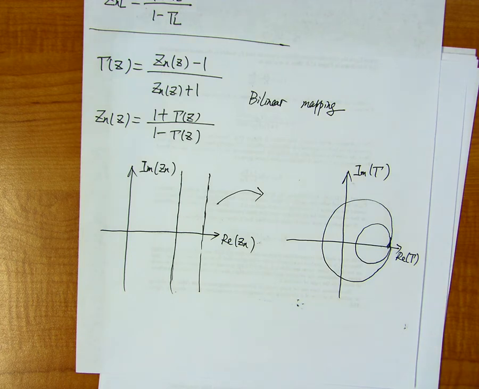Let me show the Smith chart. So this is what the Smith chart looks like. You can see there are many circles. Actually there are two groups of circles. One is whose center is on this horizontal line, like this circle.